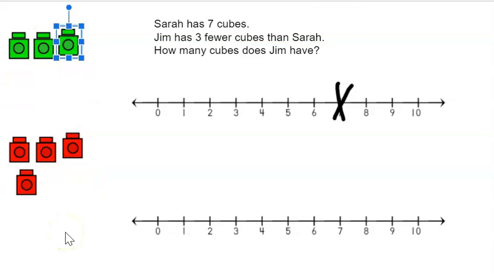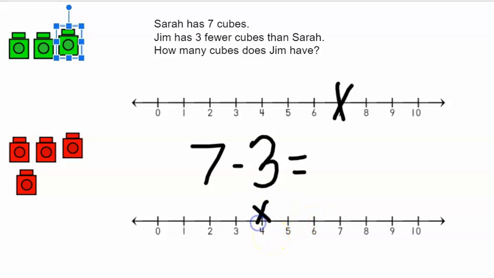So if I have 7 and I take 3 cubes away, how many cubes does Jim have? That's right. Jim only has 4 cubes.